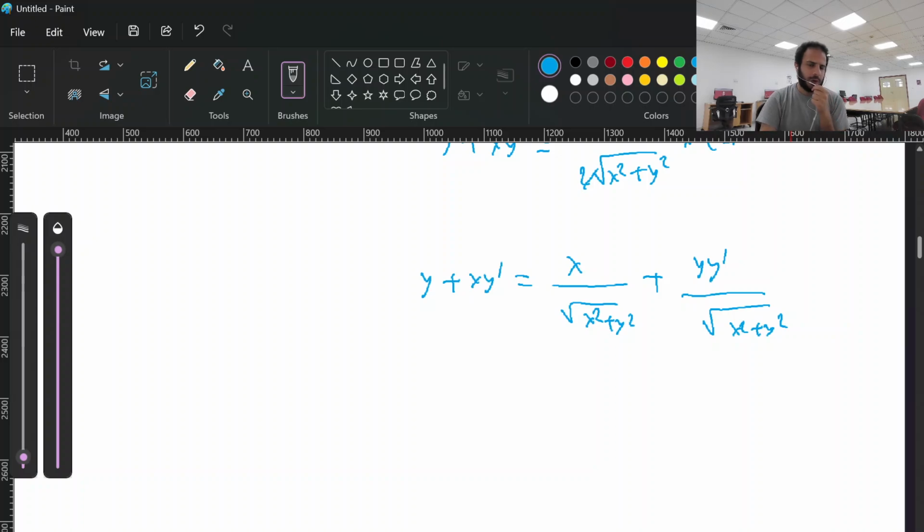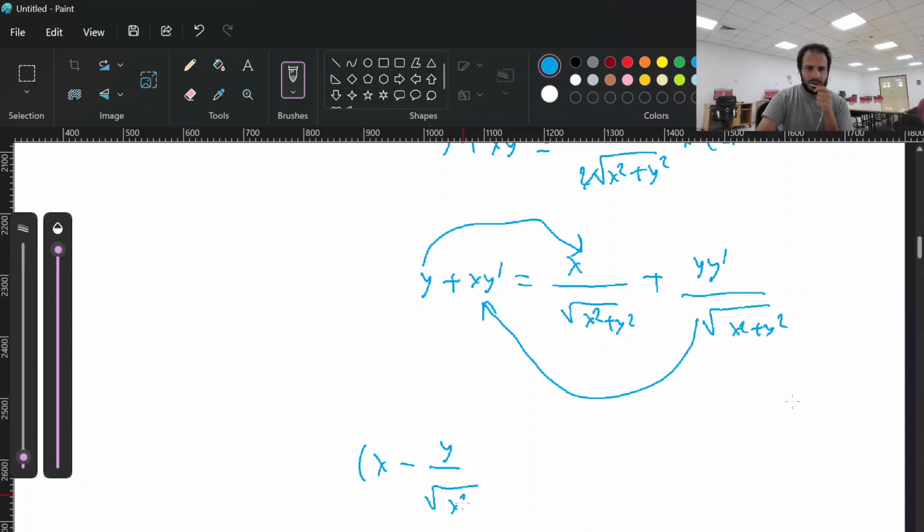Same idea, we will solve for y prime. Move this to the left side, move y to the right side. Then I will take y prime as a common factor on the left side, okay? So it will be like this: x minus y over square root of x squared plus y squared, times y prime.